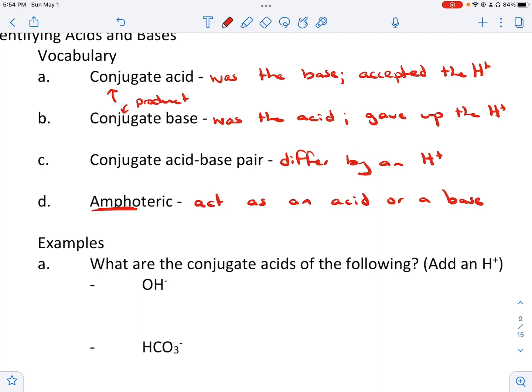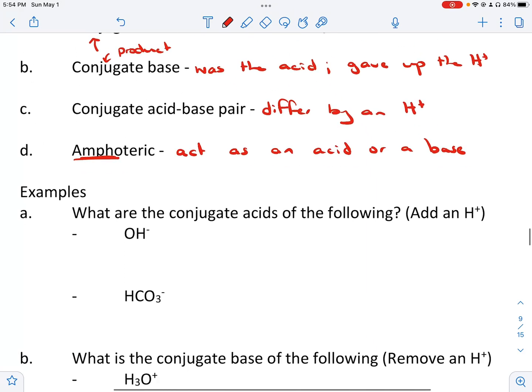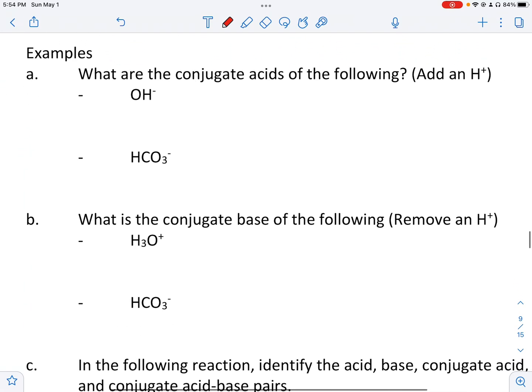Let's do a little work here. This is what our homework is going to look a little bit like. It says, what are the conjugate acids of the following? Our goal here is to add an H+. We have to keep track of charges as well. But first, let's add the H part. If I add an H to this, it gives me H2O.